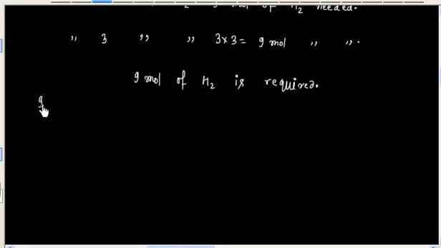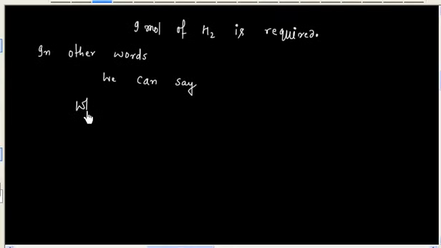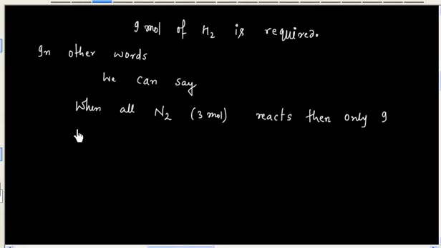In other words, we can say when all nitrogen, that is 3 mole, reacts, then only 9 mole of hydrogen reacts.